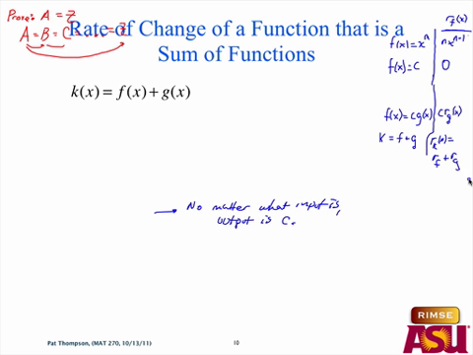It's a little bit harder, but you got the idea now. So this is the kind of proof.